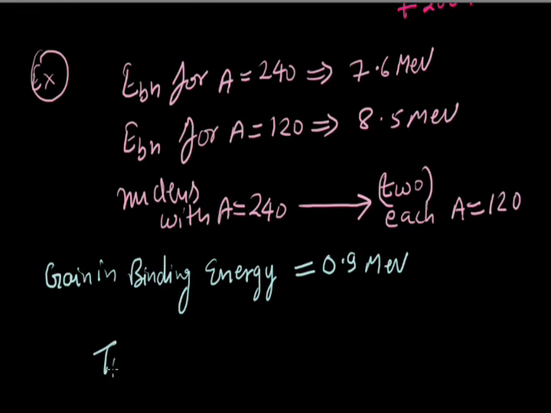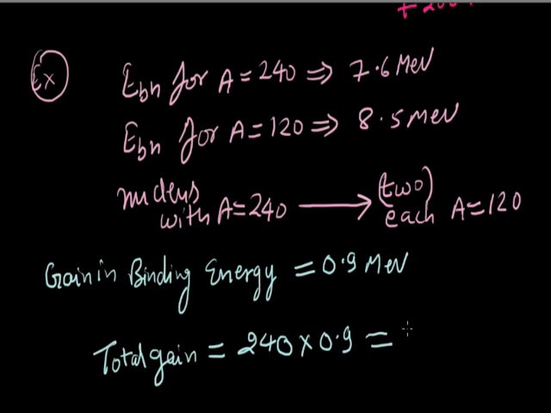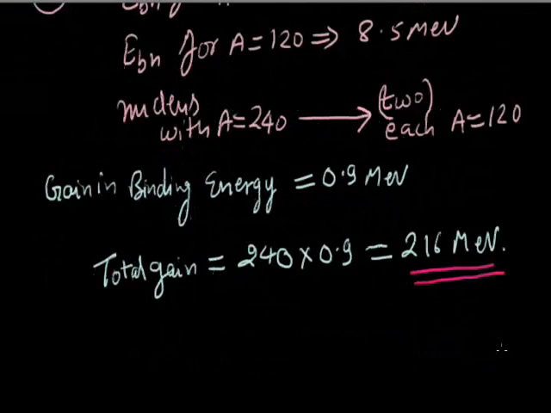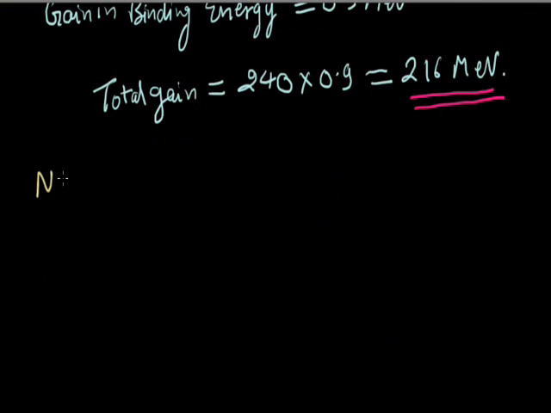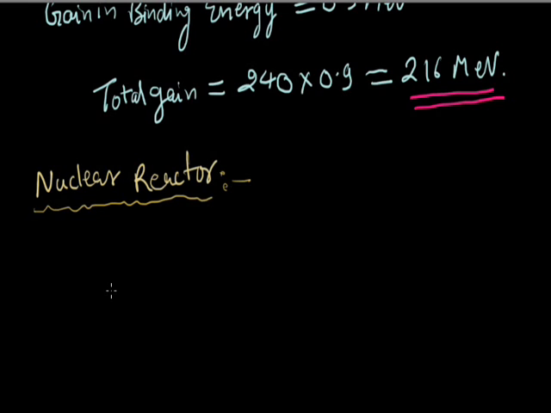Total gain will be, this is gain per nucleon, the total energy will be 240 into 0.9, that would be approximately 216 mega electron volt, which itself is huge. After understanding fission, we'll see how the nuclear reactor works.